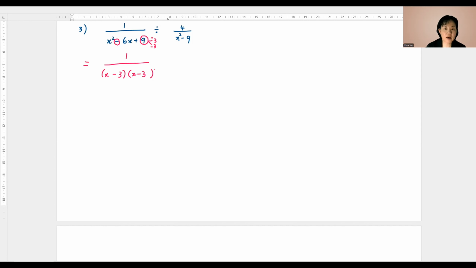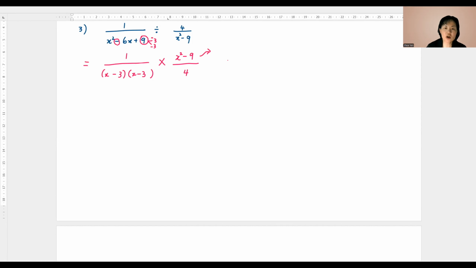So that will be my correct factorization there. And then divided by, I'm going to change this one to times, and I will flip the second term. So my denominator goes to my numerator, and my numerator becomes my denominator.